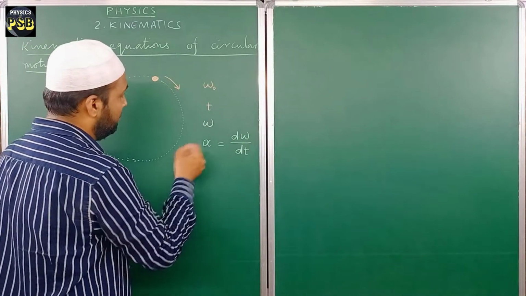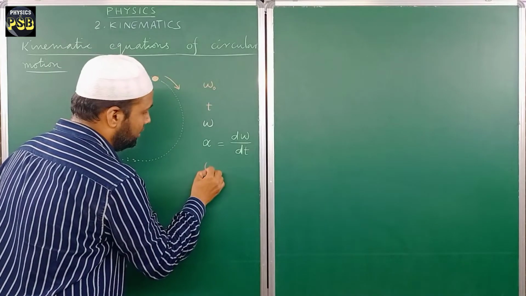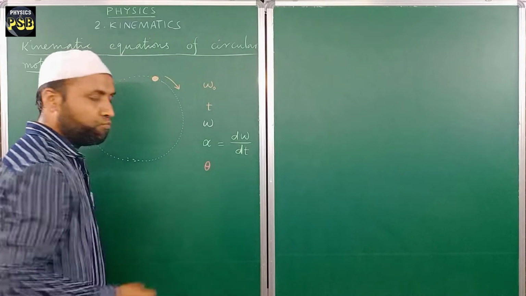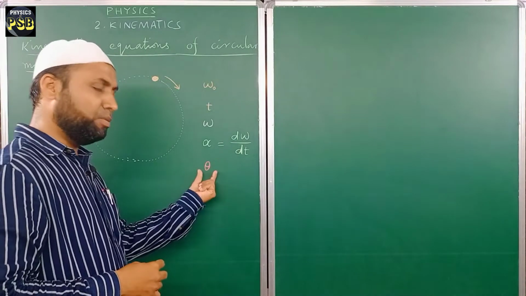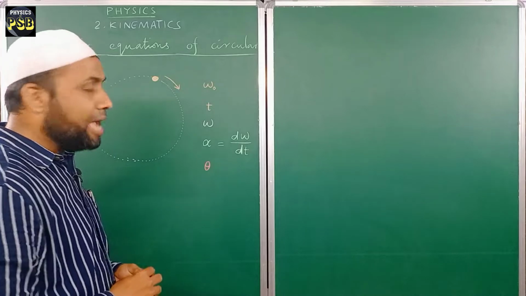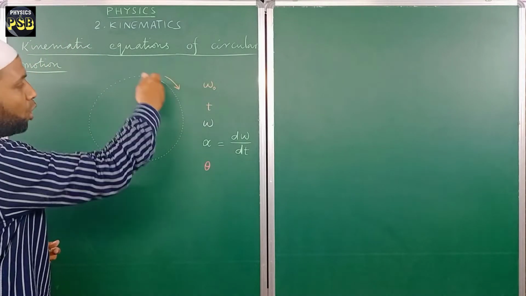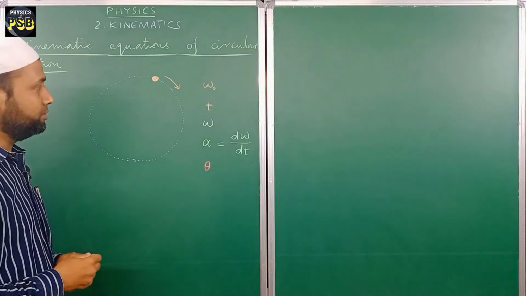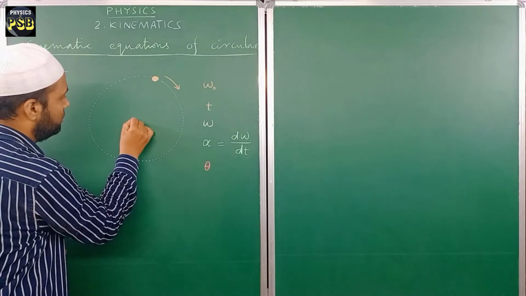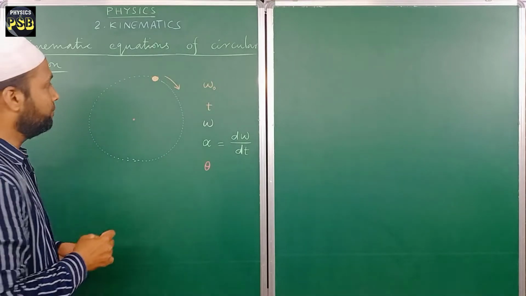The change in position of the object in a given time is referred to as angular displacement, represented by the letter theta. It is nothing but the angle subtended by the object when it moves along the circular path. Suppose this is the center of the circular path.